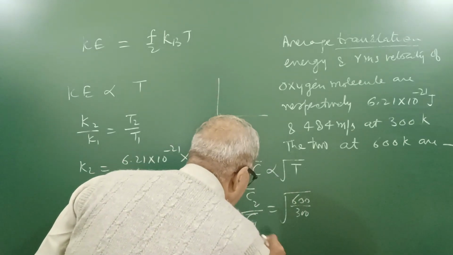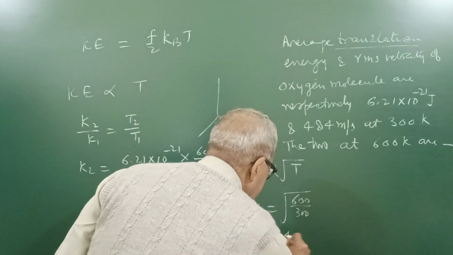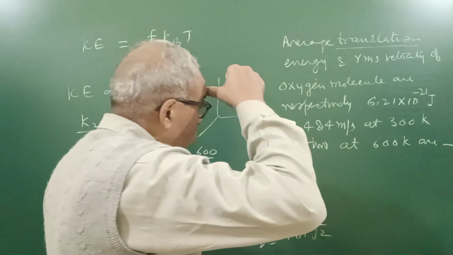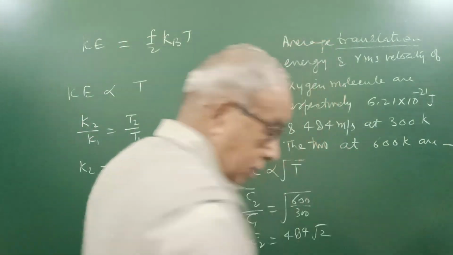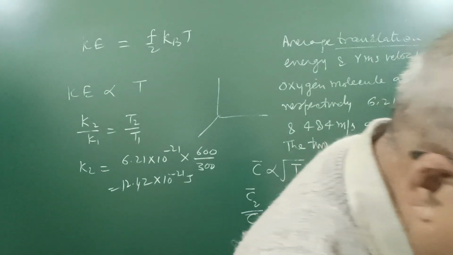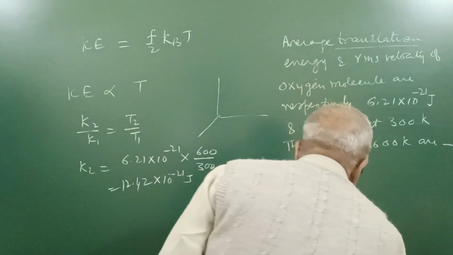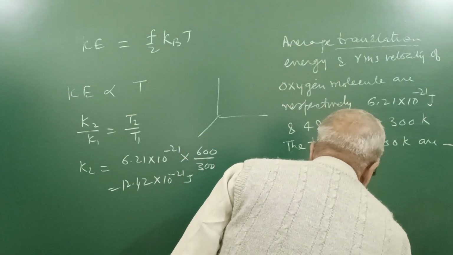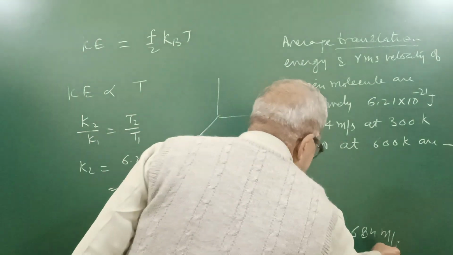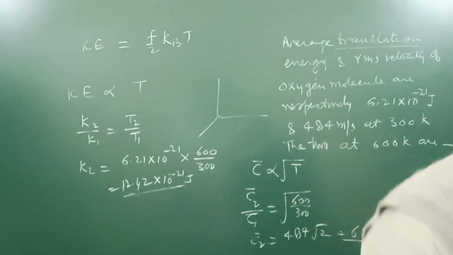So C2 bar is equal to C1, 484 into root 2. Root 2 here is 1.41 and if we multiply we get 684 meter per second. So these are the two correct answers here. There are many options, so please be careful.